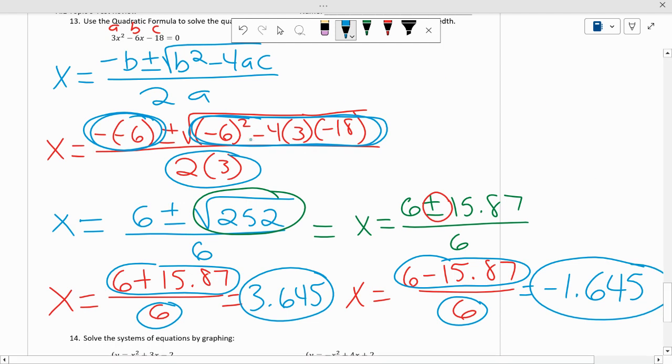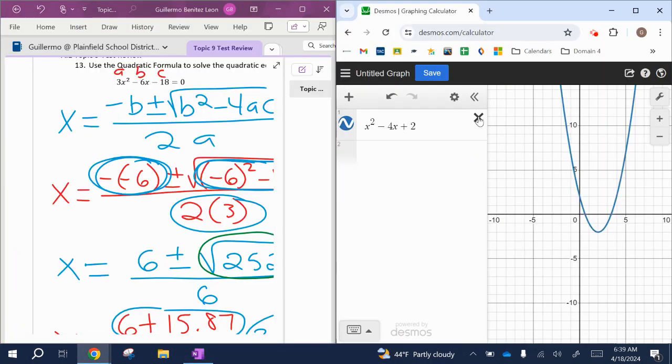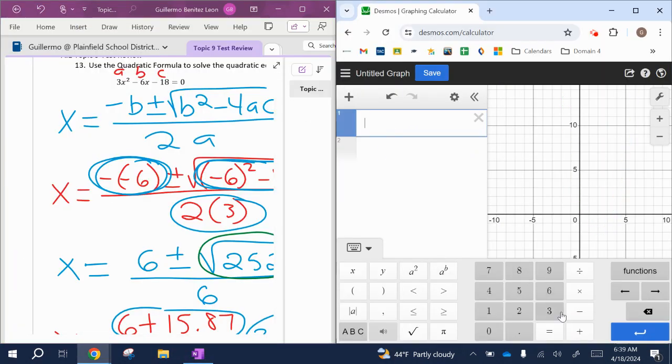This is an equation, so I can check it with Desmos. All of this work is completely useless if I got the wrong answer, so I'm going to check it. 3x squared minus 6x minus 18.